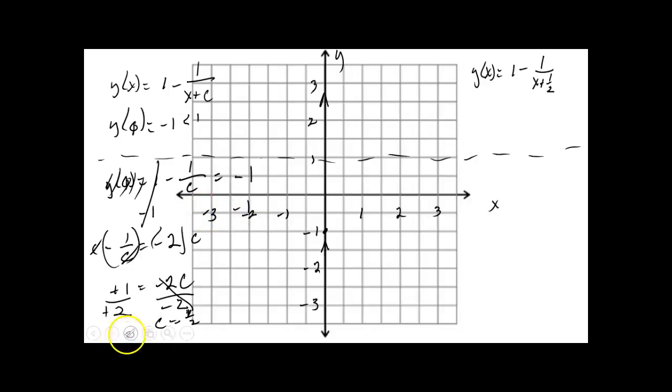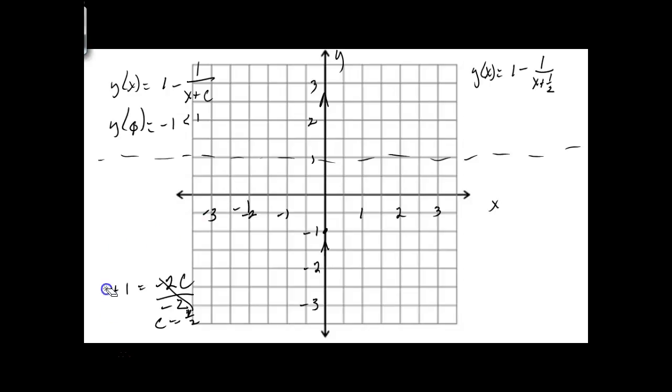I think I'll get rid of some of this writing, since we've already used it. I'll leave the C is equal to +1/2. I don't think the rest of it's in the way, but I'll get rid of it anyway.